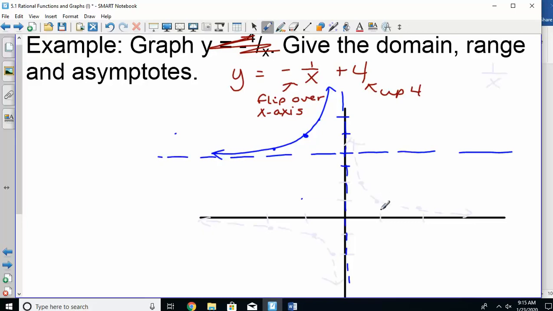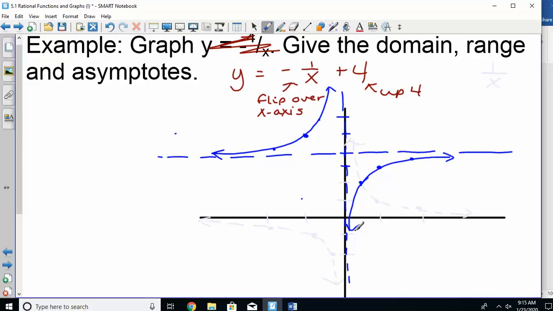Over here, if I flip this one, it goes to 1, -1, up 4. Flip those and up 4. So my graph looks like this.